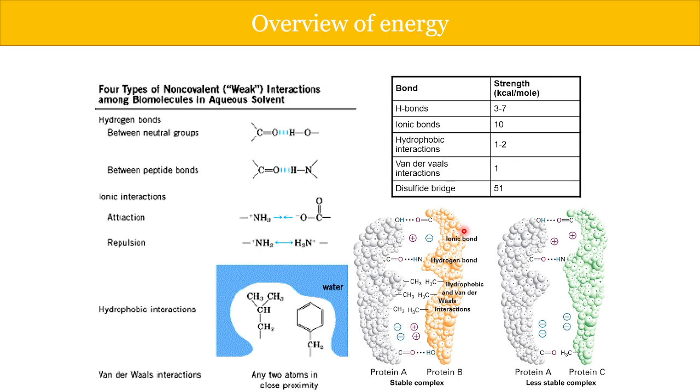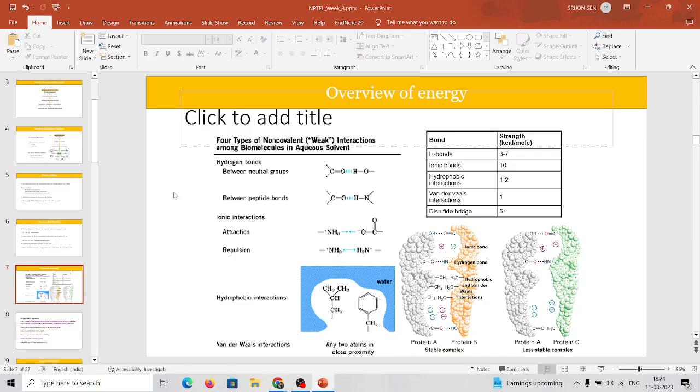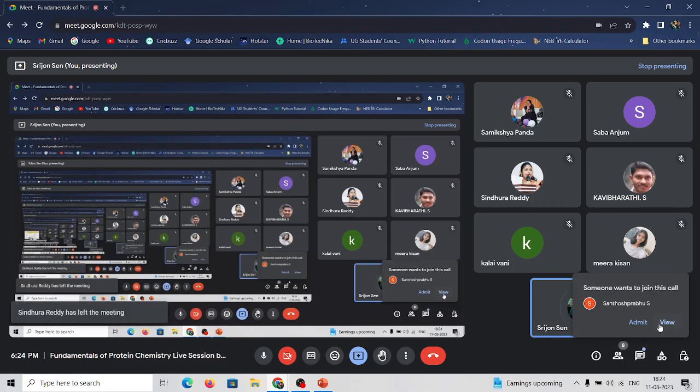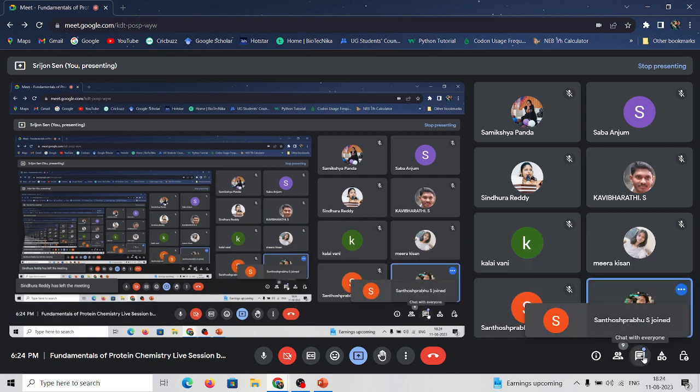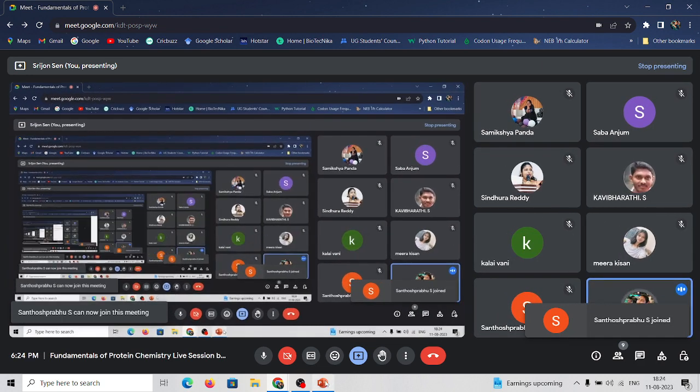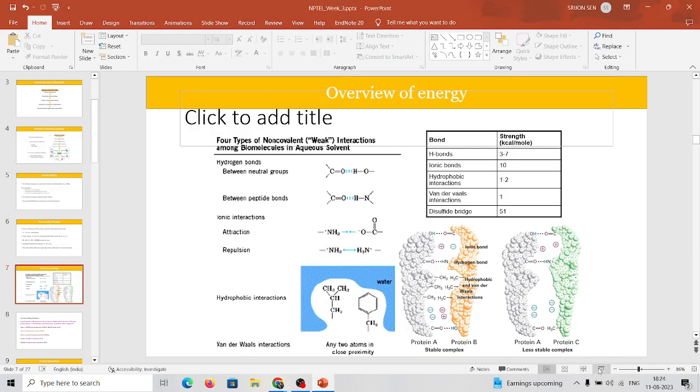The ionic bonds have a good strength of 10 kilocalorie per mole, and your hydrogen bonds range between 3 to 7 kilocalories per mole. So these are the different bonds or interactions which are very important for your protein folding.